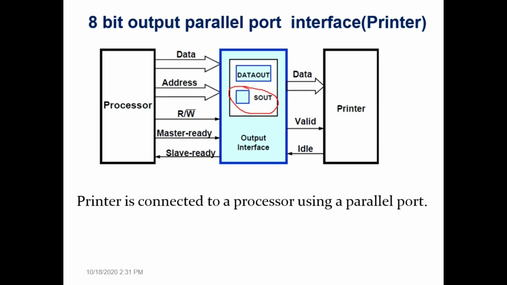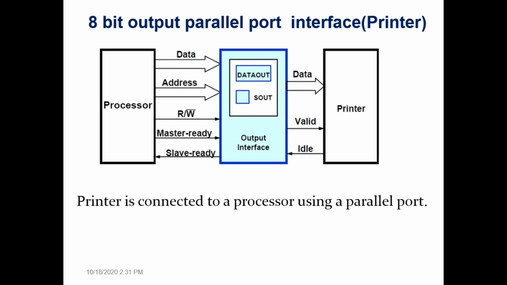The processor checks the S out status of the interface circuit, and if it is 0, that means the printer is busy. But when S out is 1, that means the printer is idle and wants data to be printed. At that time the processor sends some data and stores it in the data out register of the interface circuit, which is later given to the printer in order to print.